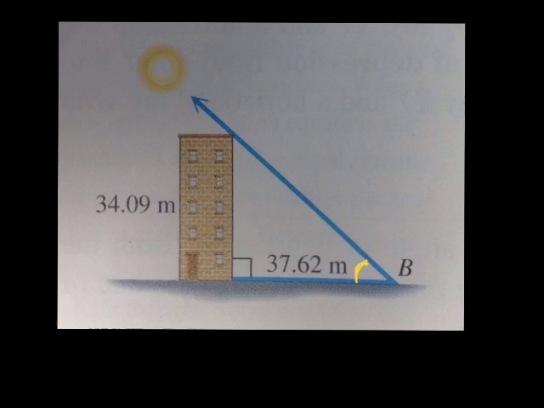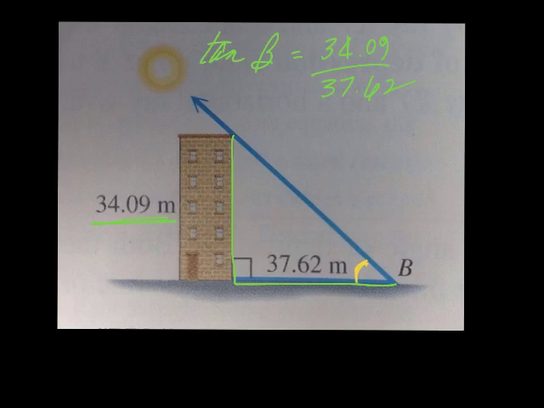So, given that, we're looking for angle B, so what are we given? We're given the opposite line, because right here is the opposite, and we're given the adjacent. So which trig function uses both the opposite and the adjacent? Well, the tangent does. So the tangent of angle B equals the opposite, 34.09, over 37.62.